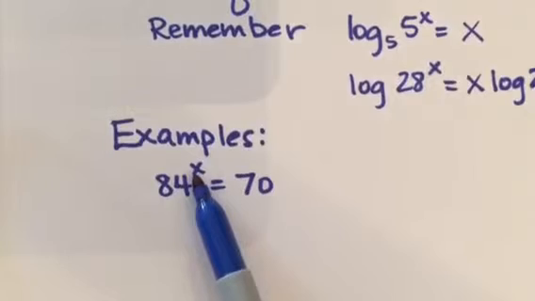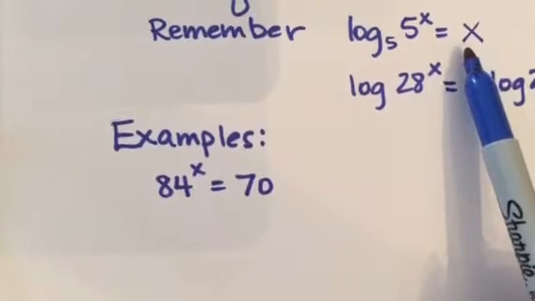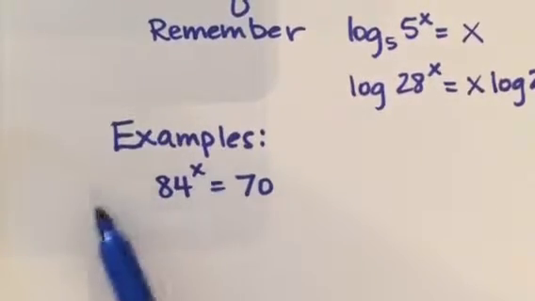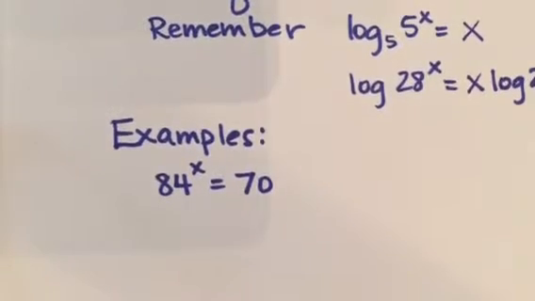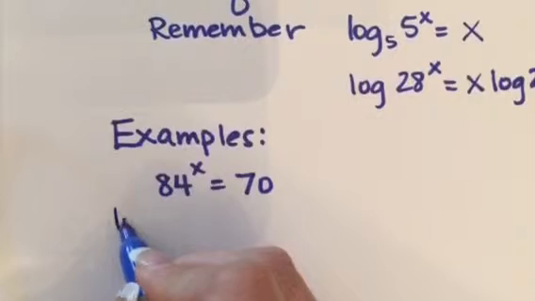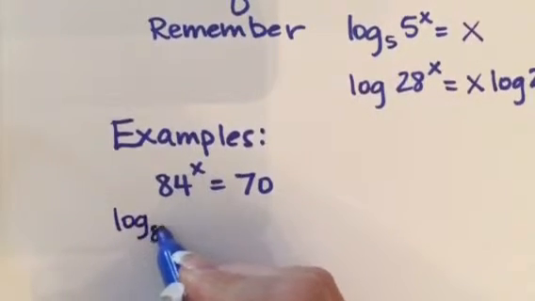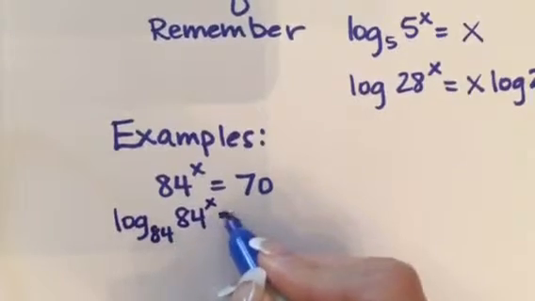I see I have an x in my exponent, and I want to get that x by itself. So I can take a log of both sides of the equation, but I want to take the appropriate log. So one way to do that would be to take a log with a base of 84 on both sides of the equation.